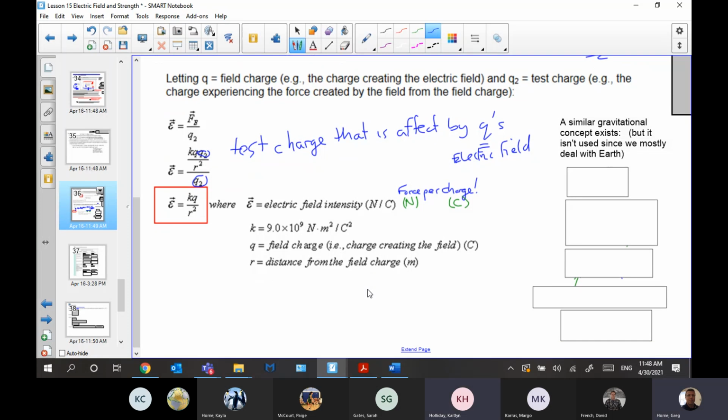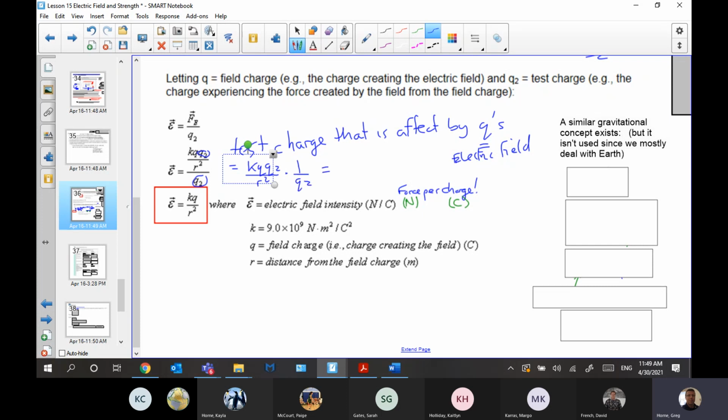Could you explain there how you got rid of the other Q? Yeah, to show that in more detail, I would show mathematically kQQ2 over r squared, and then dividing by Q2 is the same as doing times 1 over Q2.